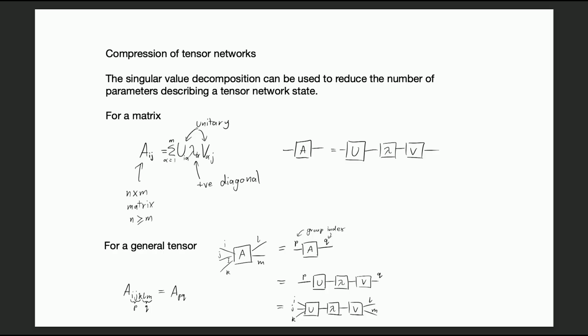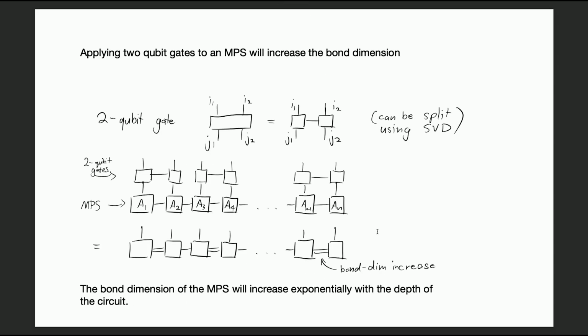So you flatten some of the indices into a single index and get a matrix. Then you do the singular value decomposition of that matrix, and then you unflatten those indices again. This is how you can obtain this description of the 2-qubit gate as a contraction of 2 tensors like this.